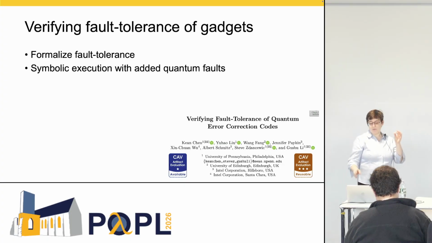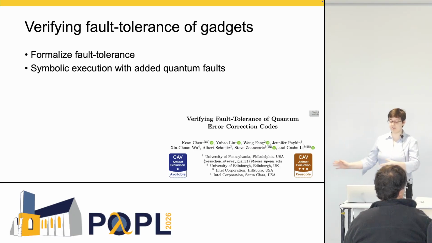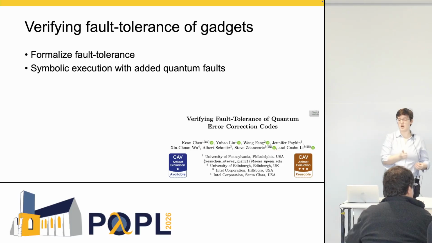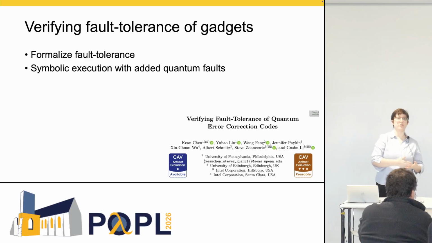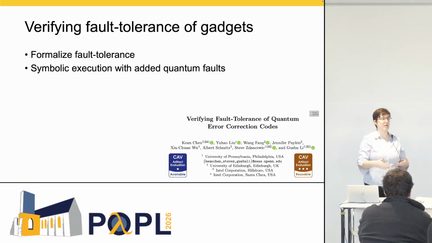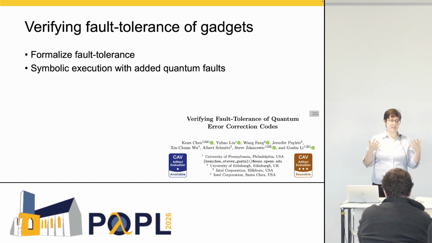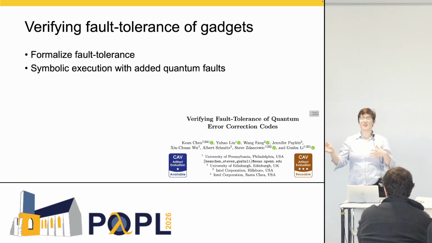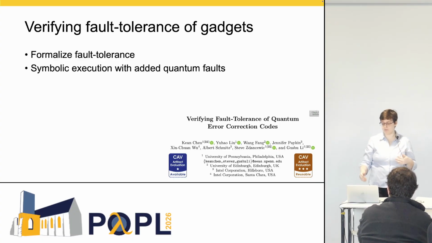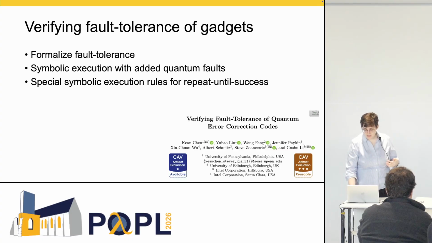So our approach was to use symbolic execution of circuits with added symbolic quantum faults. Anywhere that a quantum fault could occur, anywhere that an error could occur, we add a symbolic error. And then you add a bound that says the total error in the circuit is going to be limited by some bound.